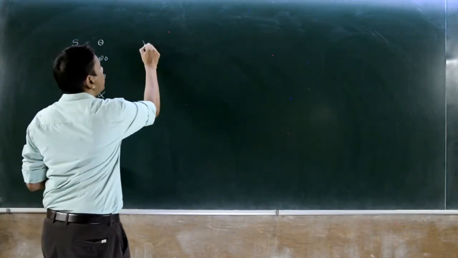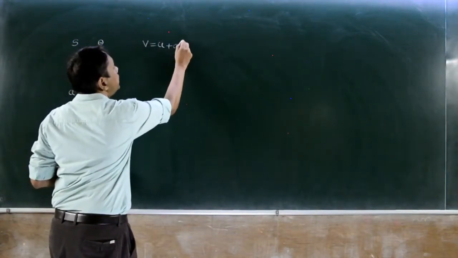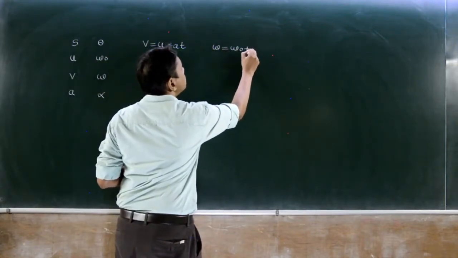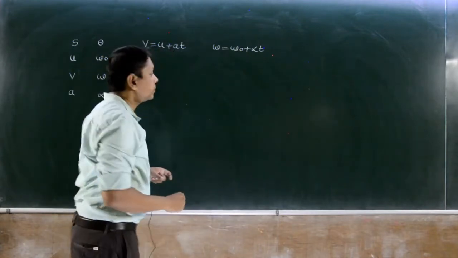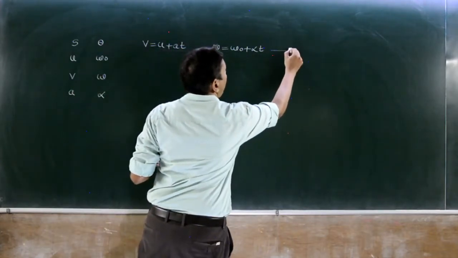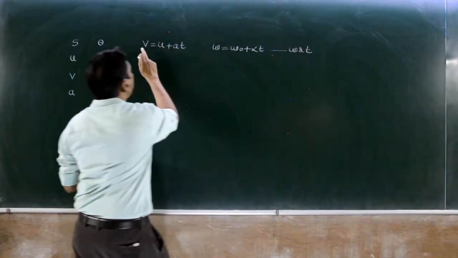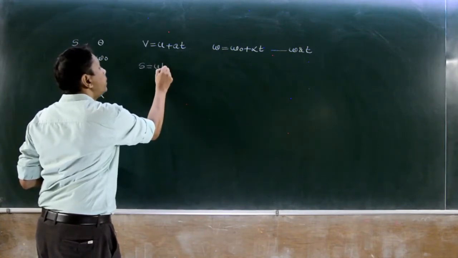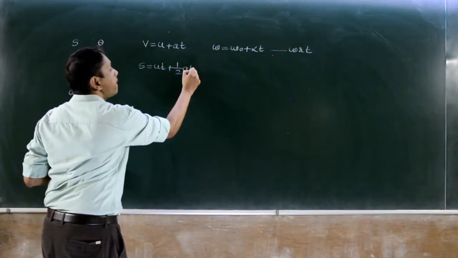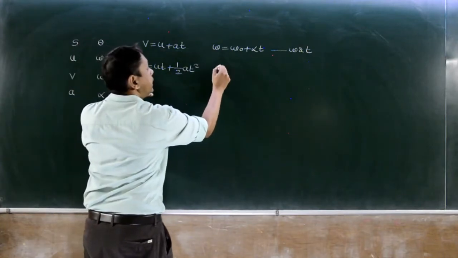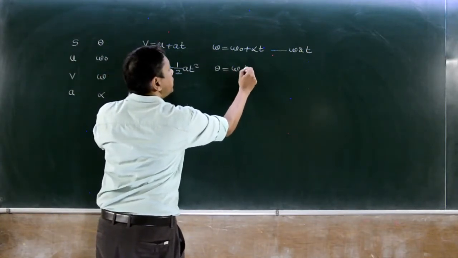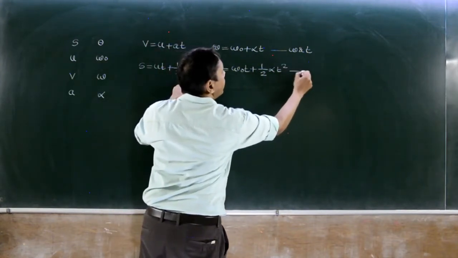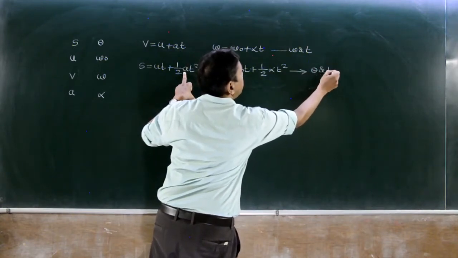First equation: v equals u plus at, so remember omega equals omega naught plus alpha t, which is in terms of omega and t, just like v and t. Second equation: s equals ut plus half at square, so theta equals omega naught t plus half alpha t square, in terms of theta and time.